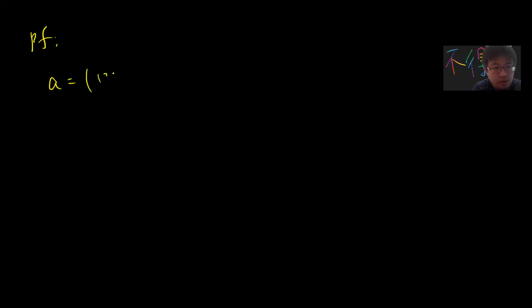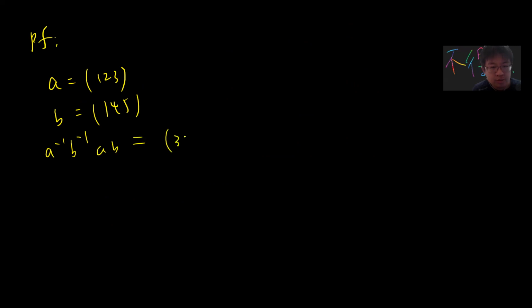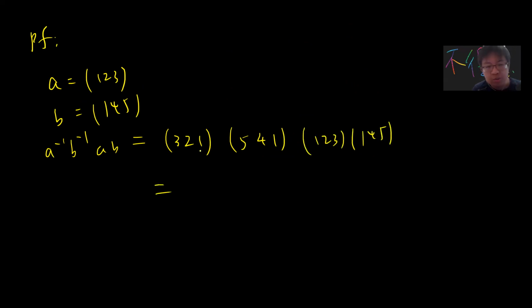For example, if you take A to be (1 2 3), then B to be (1 4 5). Okay, and you want to compute this commutator. So A inverse is (3 2 1), and B inverse is (5 4 1), and then A is (1 2 3) and B is (1 4 5). So this is a simple computation, and you need to read from left to right. So 1 goes to 2, and 2 goes to 3.